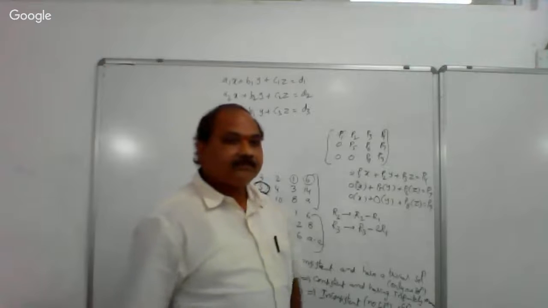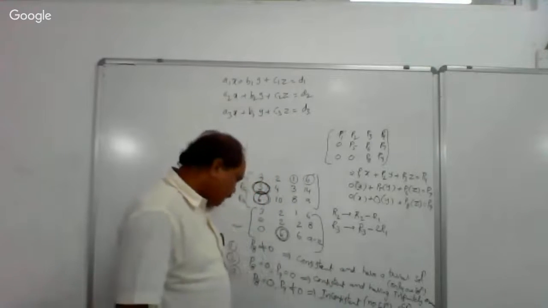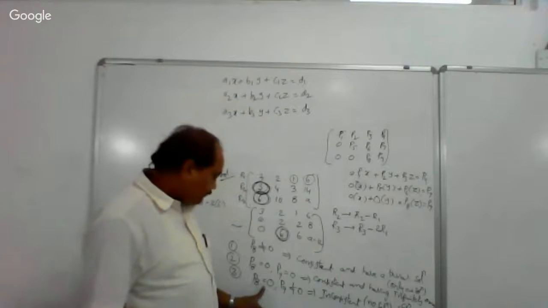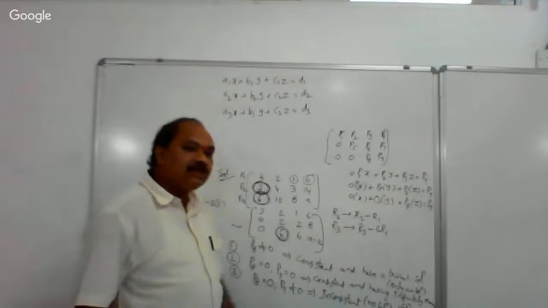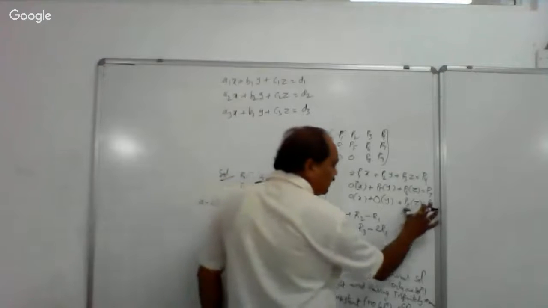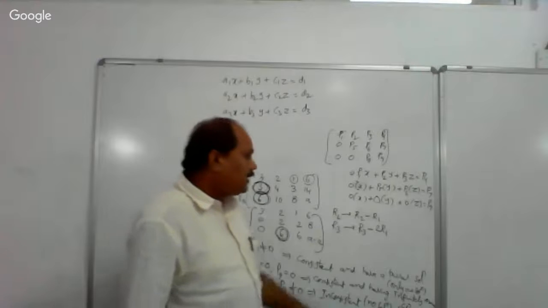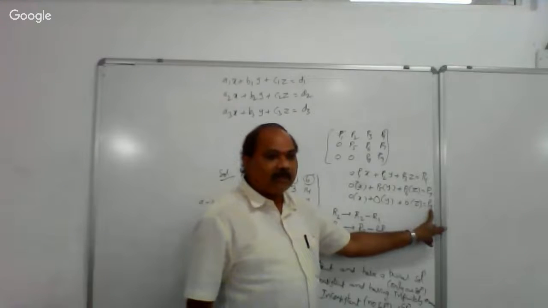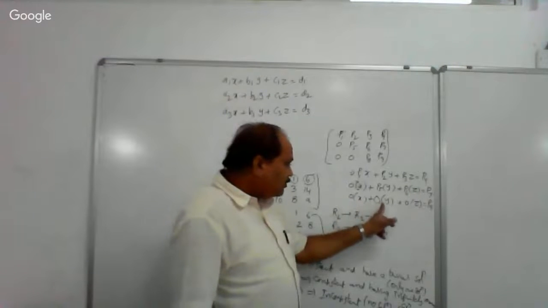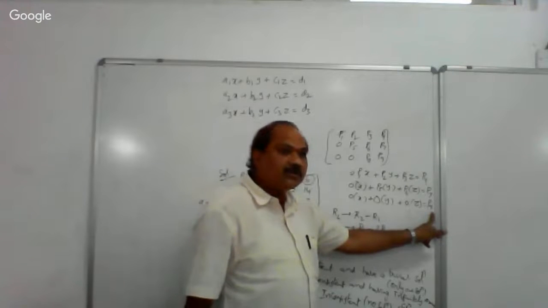Okay? Now look here. Suppose P8 equal to 0, P9 not equal to 0, then what happens? Suppose P8 equal to 0, but P9 is not equal to 0. It is some number other than 0. 0 plus 0 plus 0, 0 equal to some non-zero number.